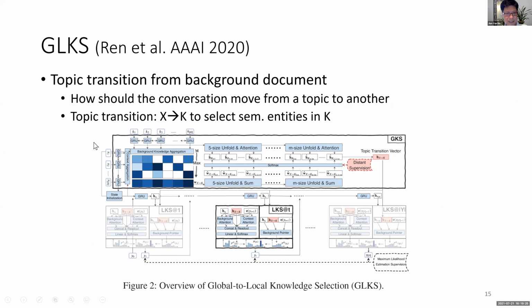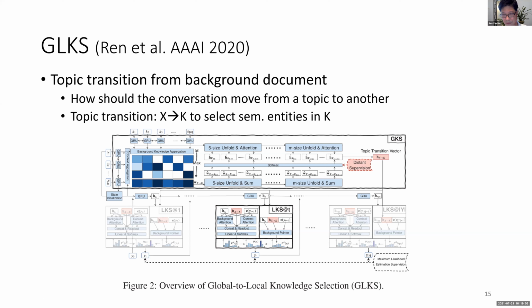And the second approach that I mentioned here is also a generation of response relying on external knowledge. But here, the external knowledge, which is also a document or a set of documents, is used to determine the transition from one topic to another. So suppose that you are discussing something in your current dialogue situation. There are keywords, there are topics.